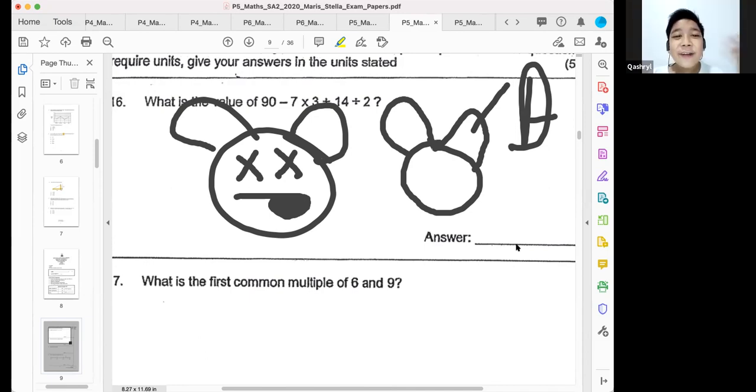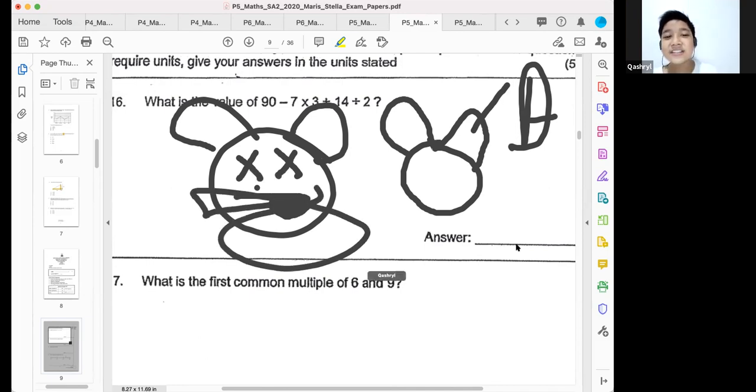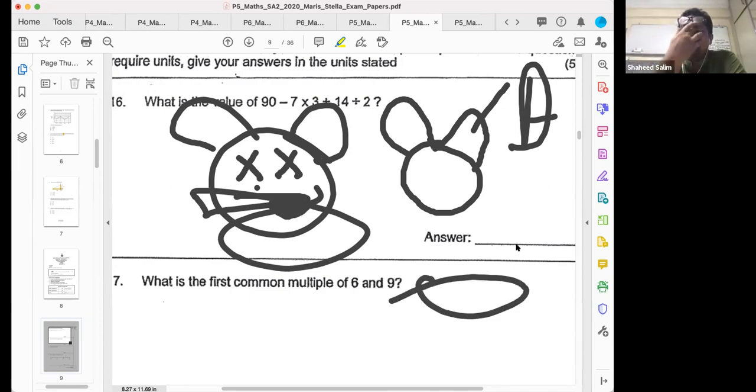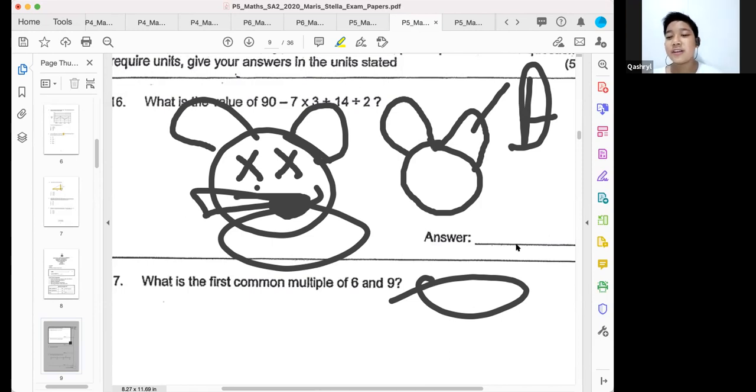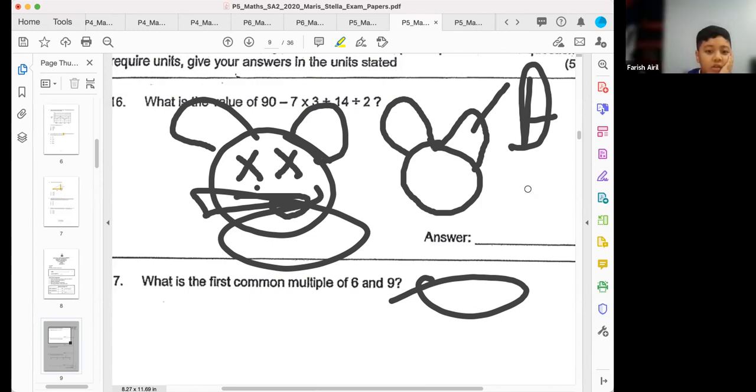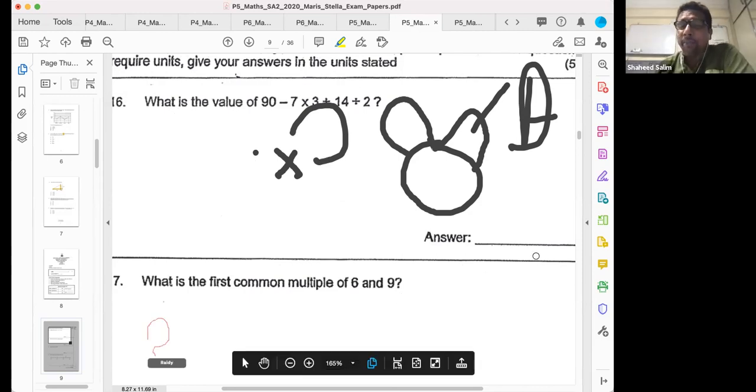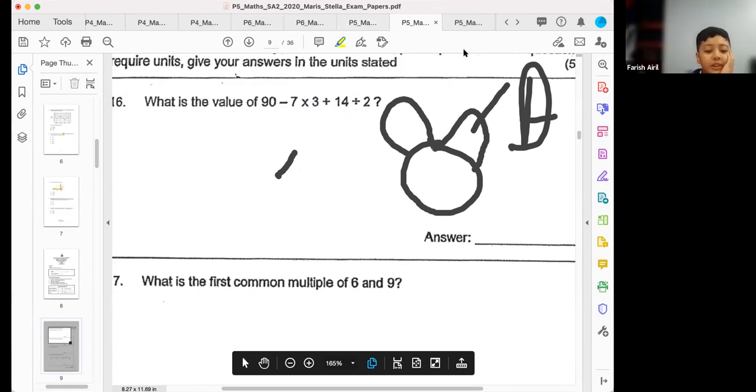The ears are the brackets. The eyes are the times. The mouth is the plus. Okay, maybe you use that method for yourself, but the rest you try to memorize. Otherwise, I'm just worried you all might be confused. I memorized the whole thing already.